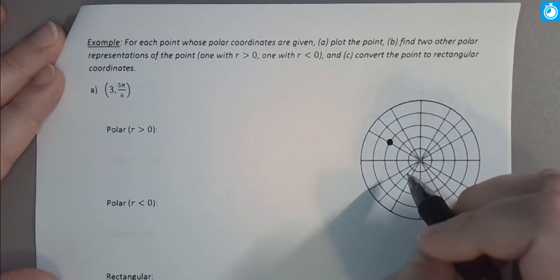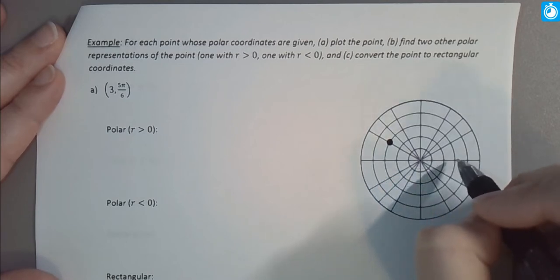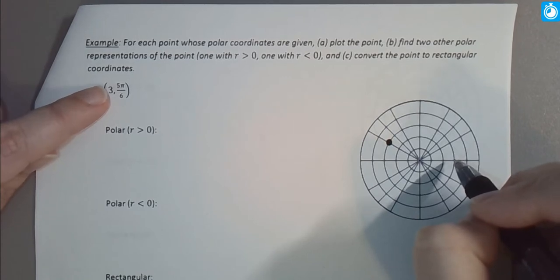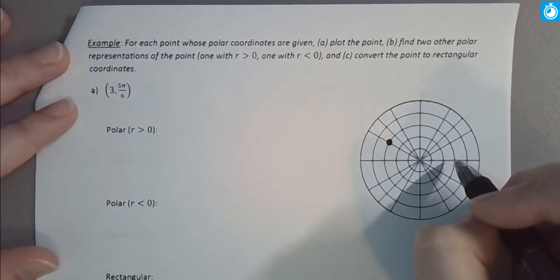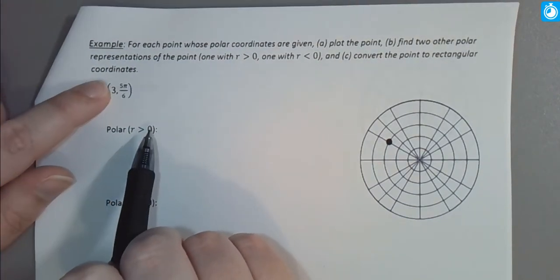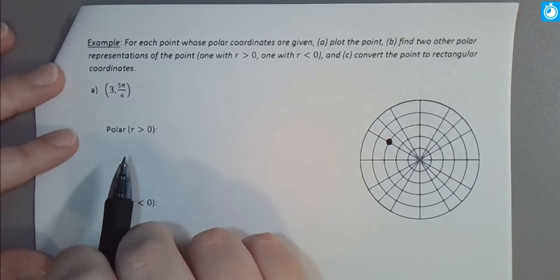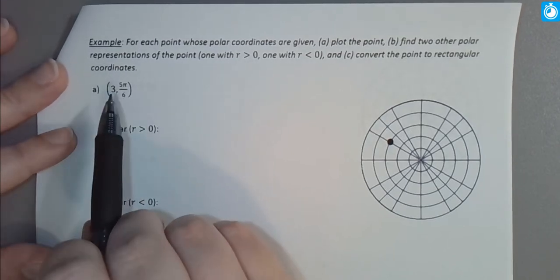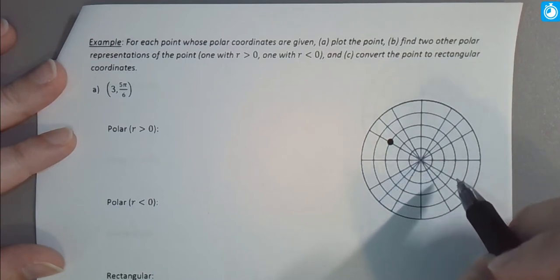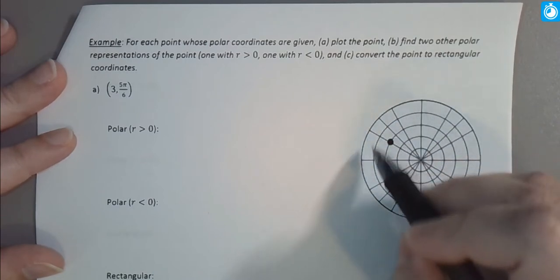The easiest way to find another angle that represents that location when we're choosing the same value for r is to just find a coterminal angle. So if r is greater than 0 and we already have an r value of 3, we know the additional r value we're going to have to use is 3. All that r tells us is which circle along the grid we end up rotating along.